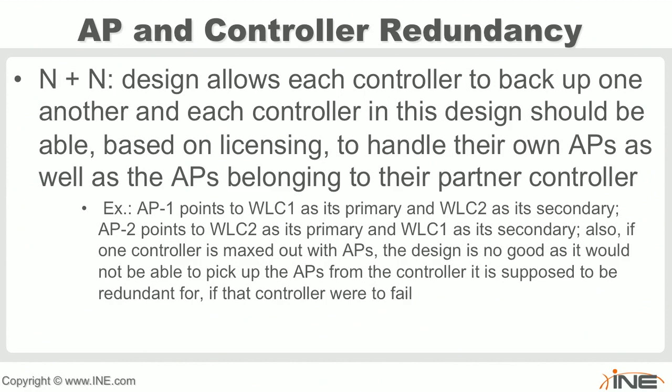The design would be no good if, let's say, WLC1 failed, WLC2 took over and handled not only all of its own APs but also WLC1's APs, but it was already maxed out with licenses. It wouldn't work. So you have to watch for that.